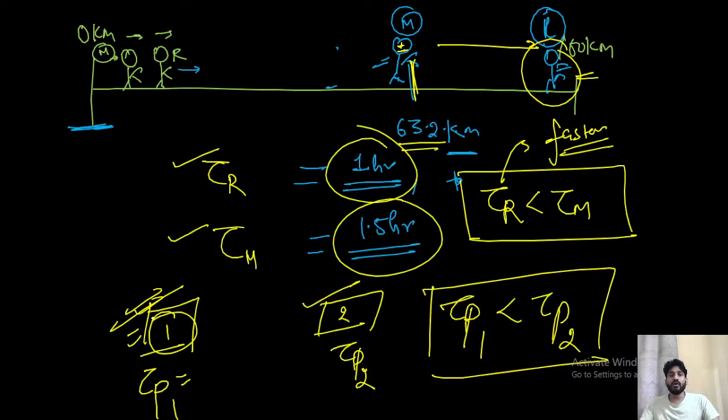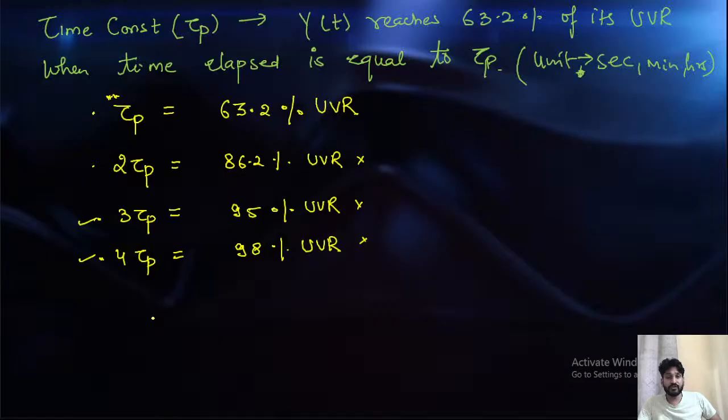What is the meaning of a fast system or a sluggish system? A fast system means that system, in comparison to the other system, achieves its UVR first. That's it, this is the meaning of faster. It covers, or finishes, the finish line first. Am I clear with this, yes or no?